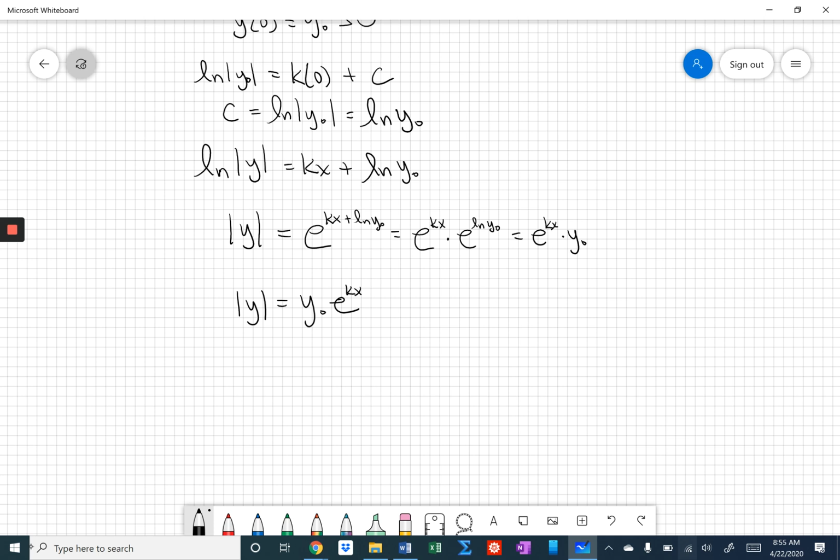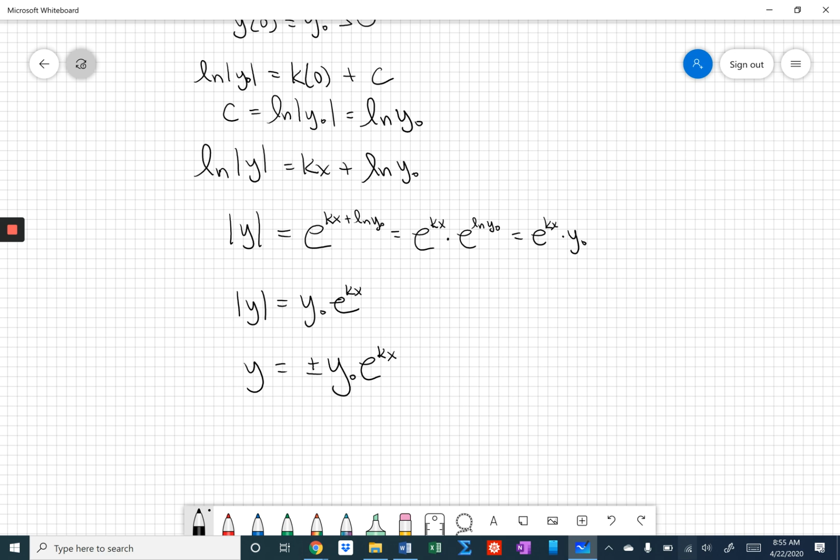And so y is going to be plus or minus y naught times e to the kx. And as you can see, it's an exponential. If you go back to the slope field examples that we did, where I think it was dy over dx equal to 2y or something like that, it doesn't really matter. When we did the slope field, y equals 0 was a trivial solution.